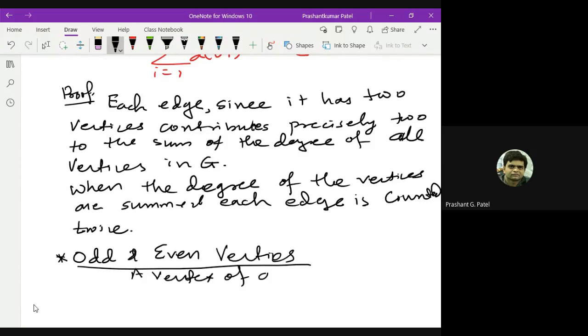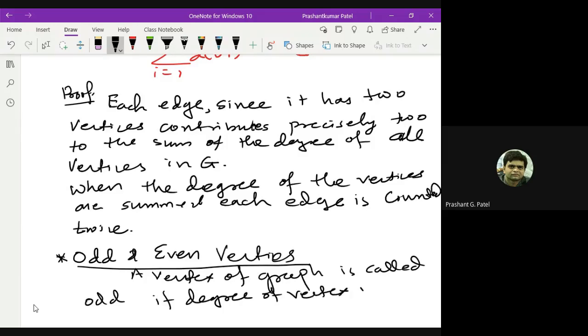A vertex of a graph is called odd if the degree of the vertex is odd. Now I hope that you can write down the definition of even yourself.